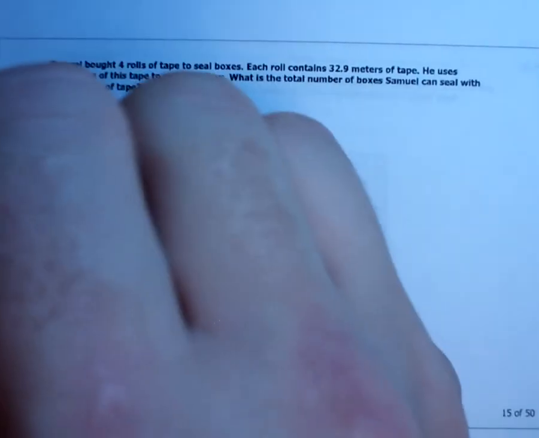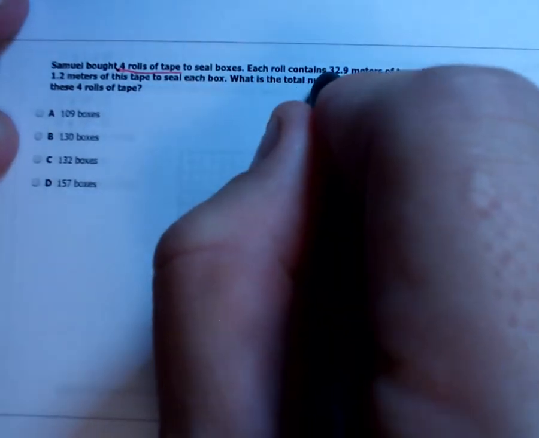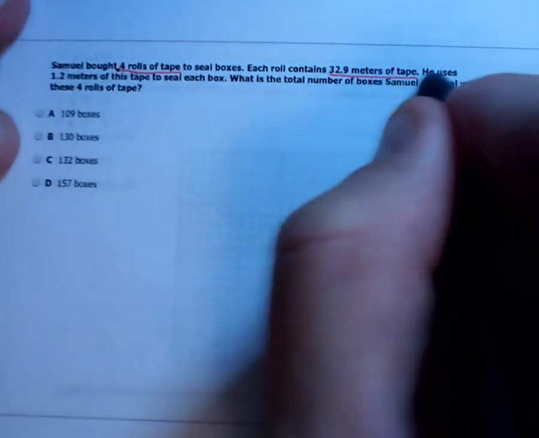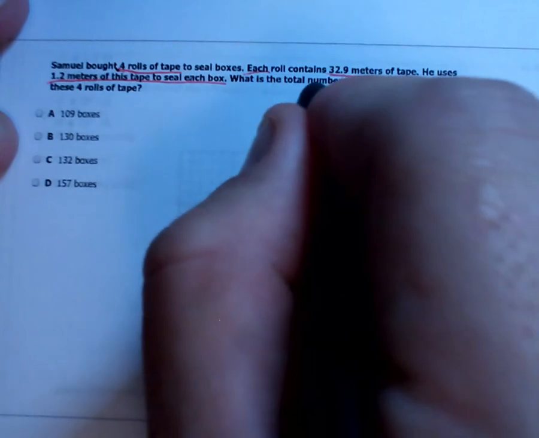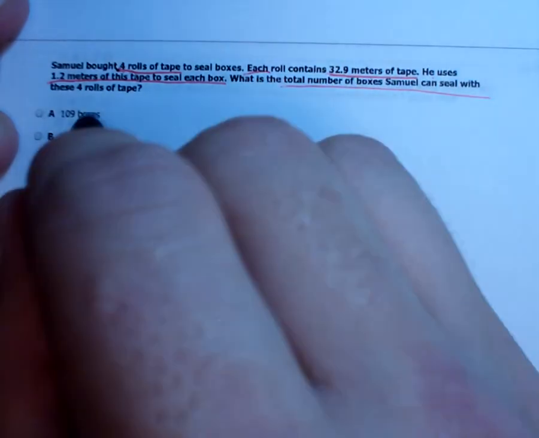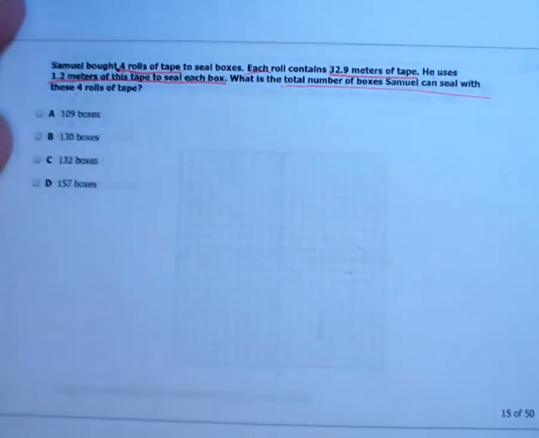Let's break it apart. Samuel bought 4 rolls of tape to seal boxes. 4 rolls of tape. Each roll contains 32.9 meters of tape. Each roll. He uses 1.2 meters of tape to seal each box. What is the total number of boxes he can seal with 4 rolls? Total number of boxes he can seal.